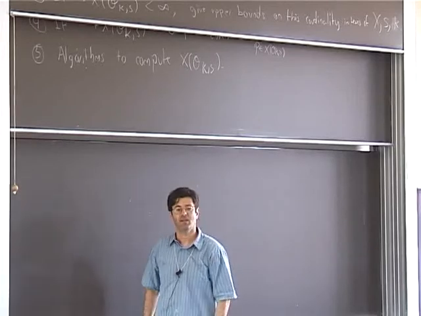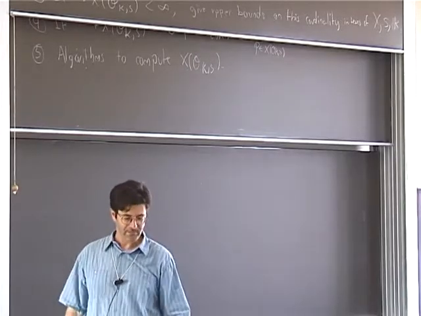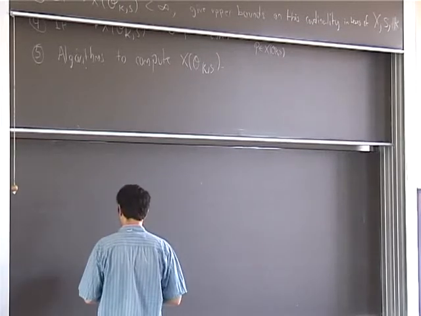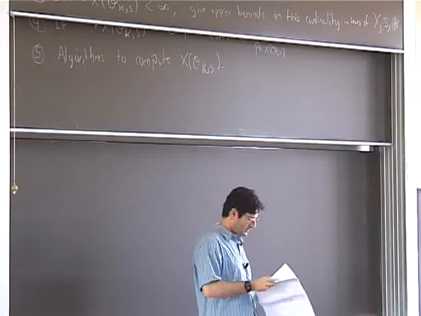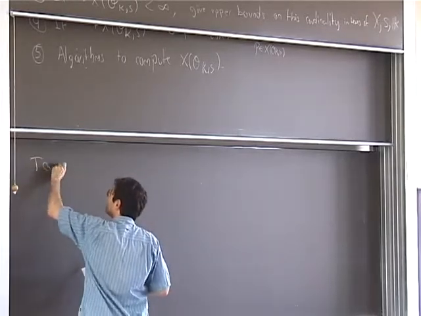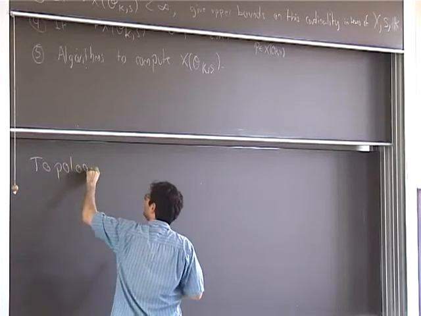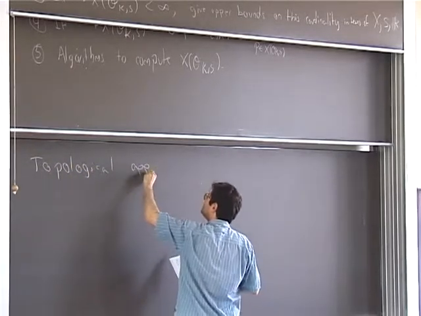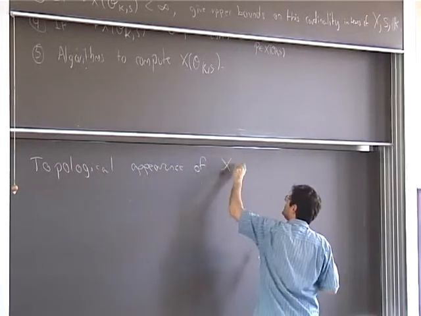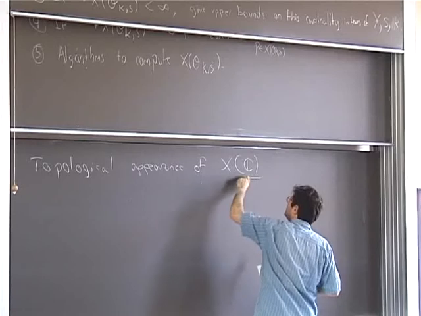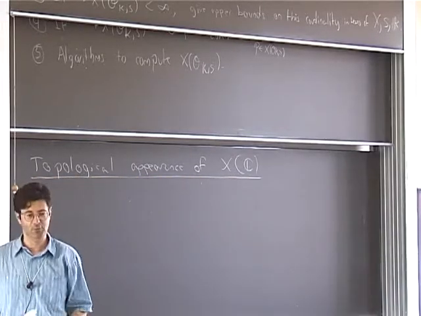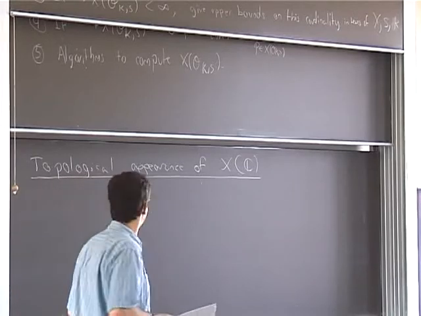Yeah. Okay. So as many of you probably already know, the answer to these questions depends a lot on the topological appearance of the set of complex solutions to the curves. Now, if you look at the set of complex solutions, let's assume that the curve is smooth.